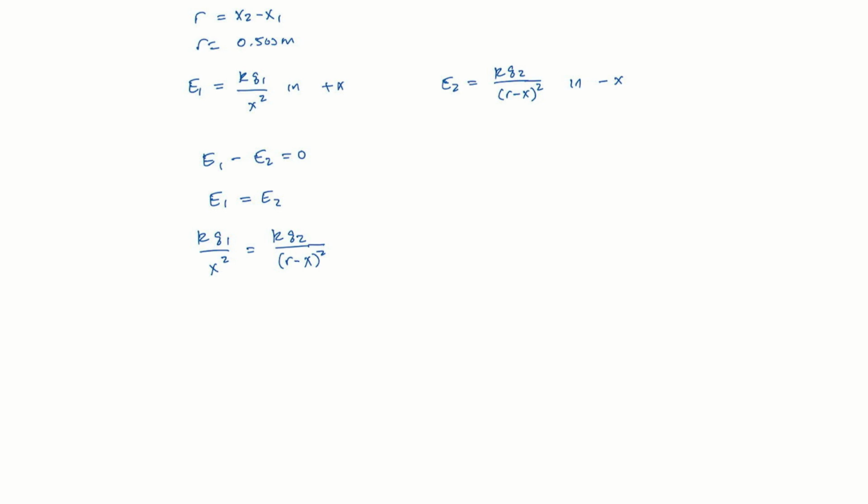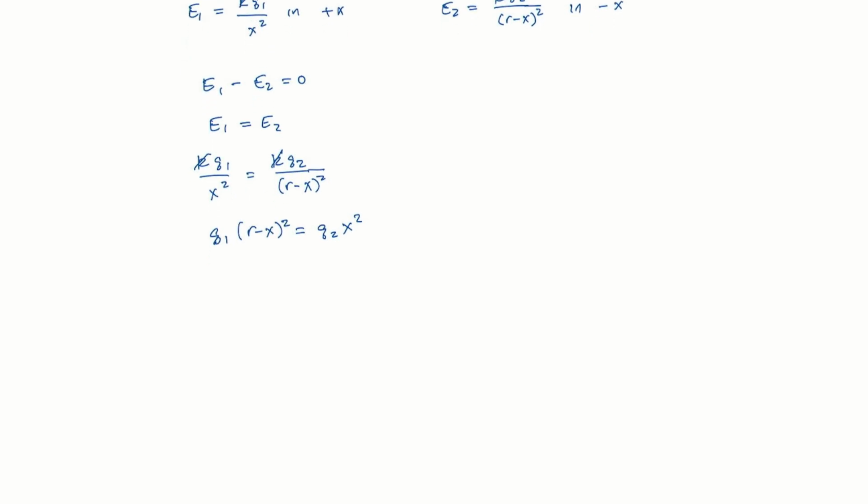Okay, both sides have a K, so we can get rid of that. Then cross multiplying, we have Q1 times R minus X squared is equal to Q2 times X squared. All right, let's divide both sides by Q1.